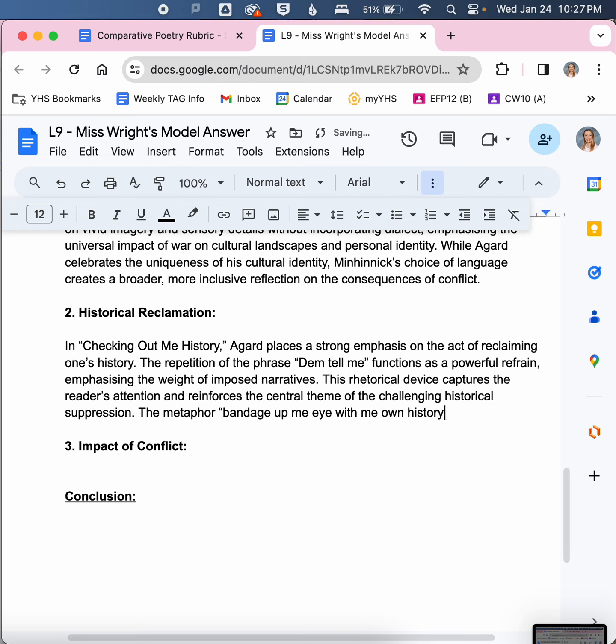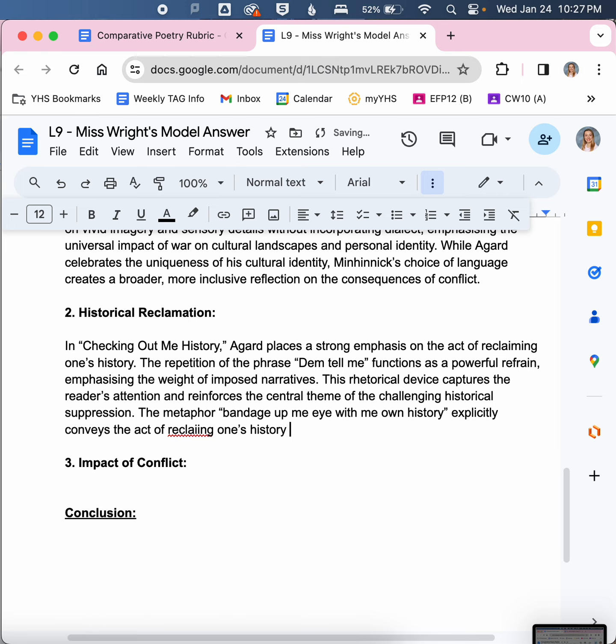Really interesting that this is at the beginning of the poem as well. And then I'm going to say explicitly conveys the act of reclaiming one's history, suggesting deliberate and conscious.